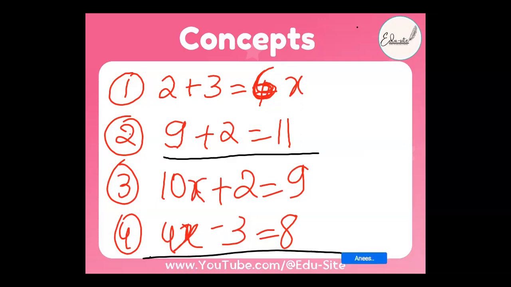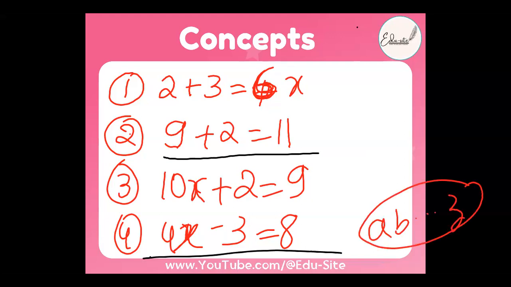Algebra deals with x and there should be some terms of A, B, C, D, A to Z. That is called an algebraic equation. An algebraic equation is one that has both numbers as well as alphabets.